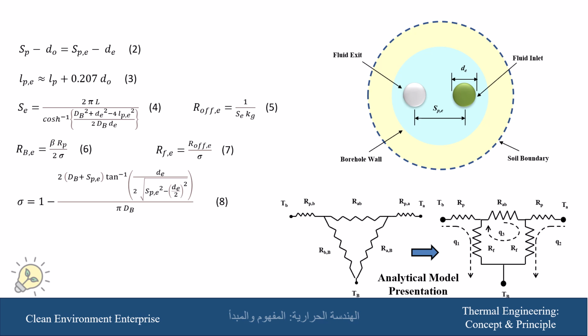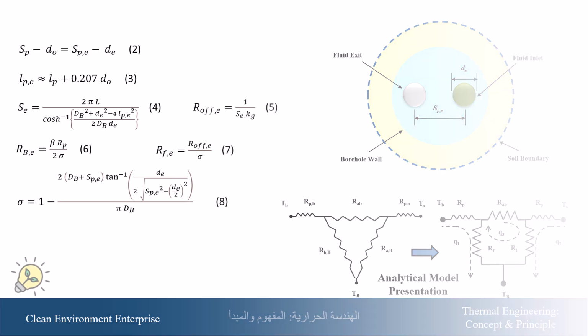Of course, this analysis of the W tube depends on two ideas. The first one is to derive an equivalent diameter, and the second one is to represent the derived or equivalent geometry by using the thermal resistance circuits to find the value of R sub B, the total resistance.